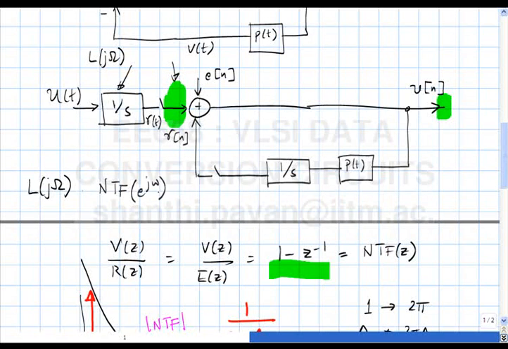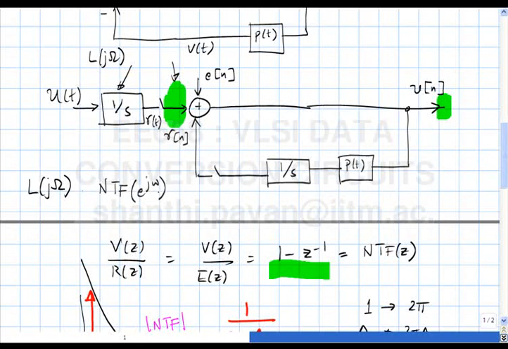Alright, and at very low frequencies, what can you say about this guy and this guy? At very low frequencies, where the loop gain is very, very high, which basically means that the filter in the forward path has a very high gain, the NTF is nothing but approximately 1 by the gain of the filter, correct?